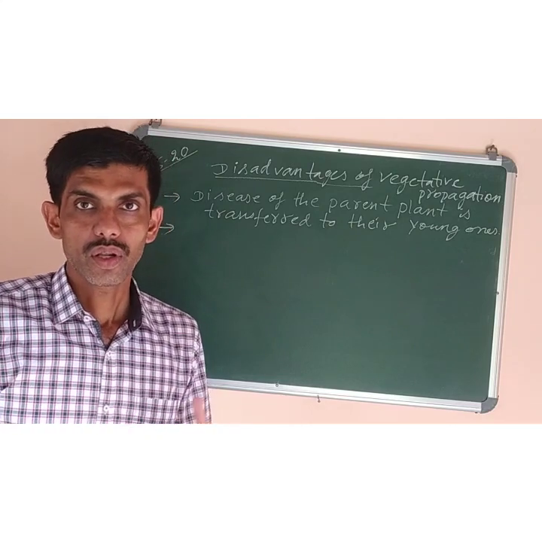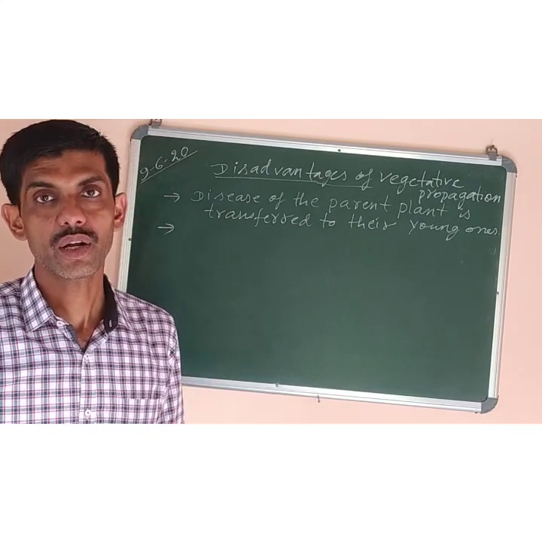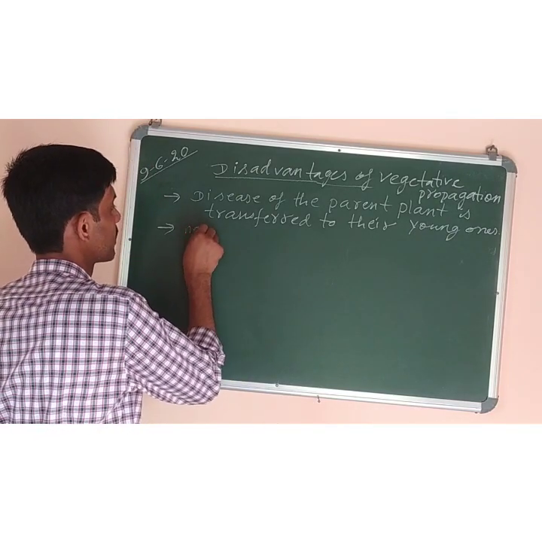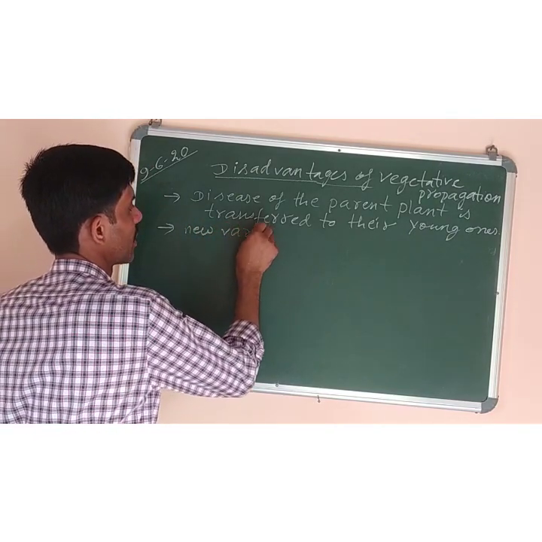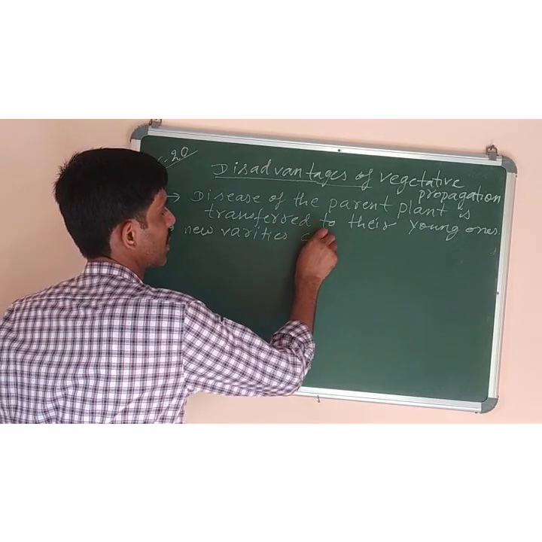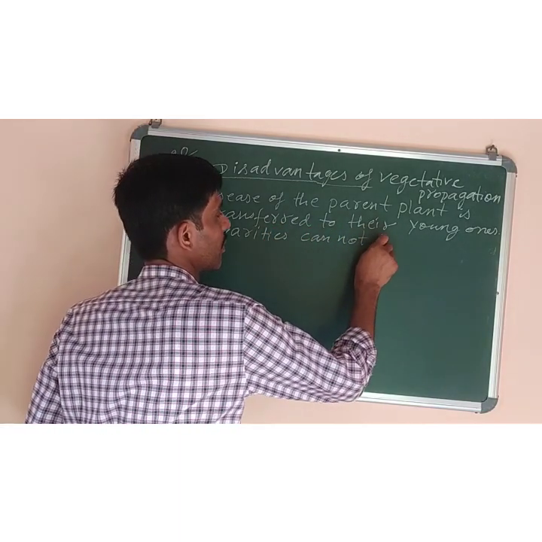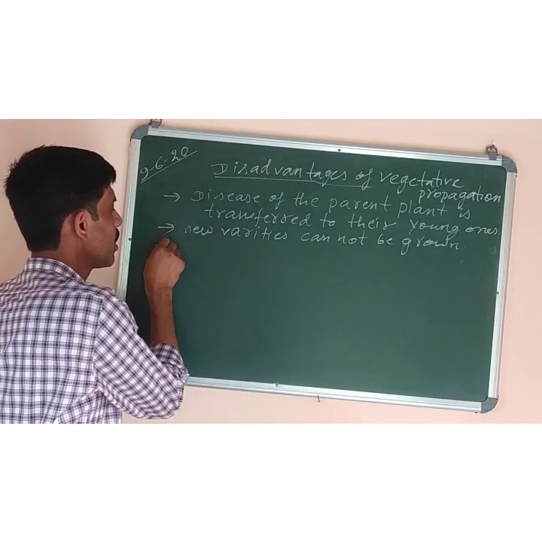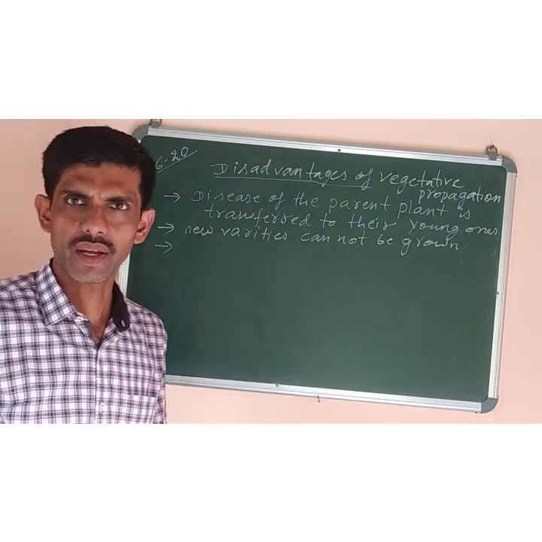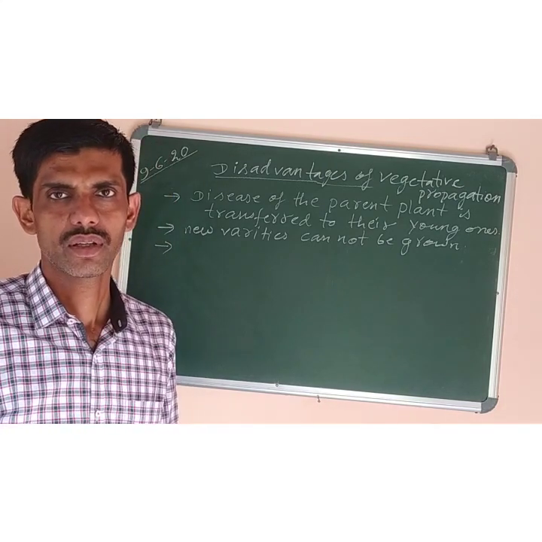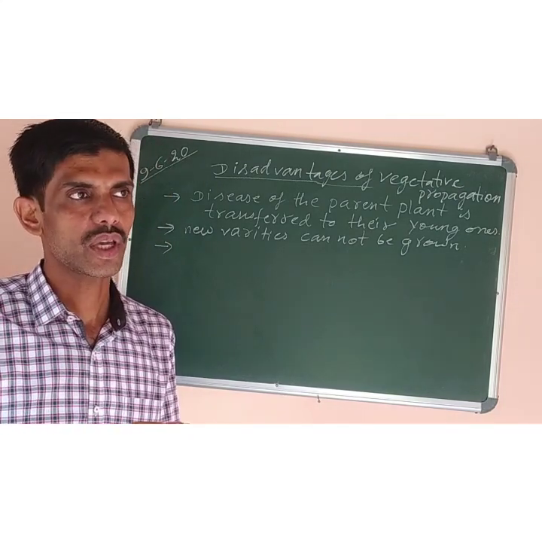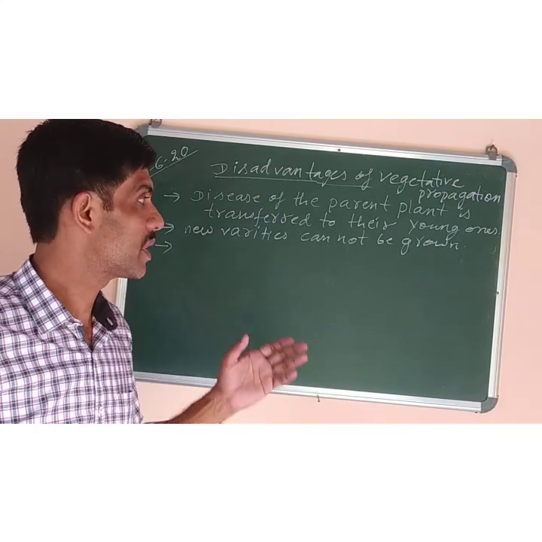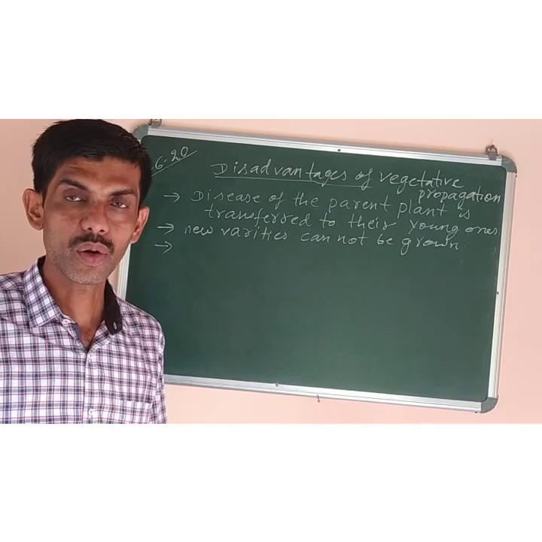Number two, new varieties of plants cannot be grown by this method. Okay, so new varieties of plants cannot be grown, and they will lose their vigor. After a few generations, if you keep on growing a plant continuously for many generations by vegetative propagation, they will lose their vigor.